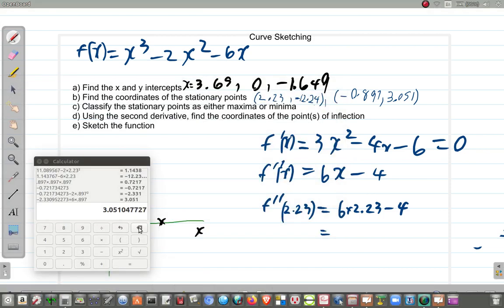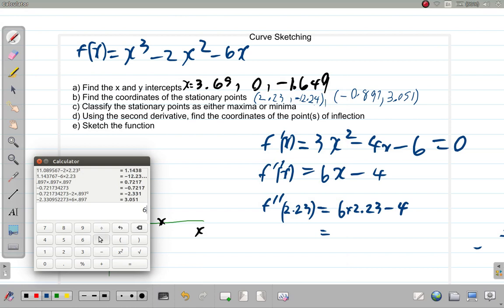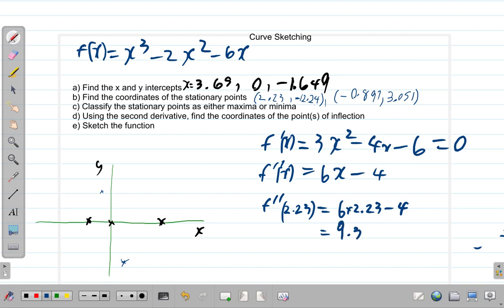So we have 6 times 2.23 minus 4, which is 9.38. As you can see, 6 times 2.23 will be a big number compared to 4, and then you minus 4 from it, it will be a positive.